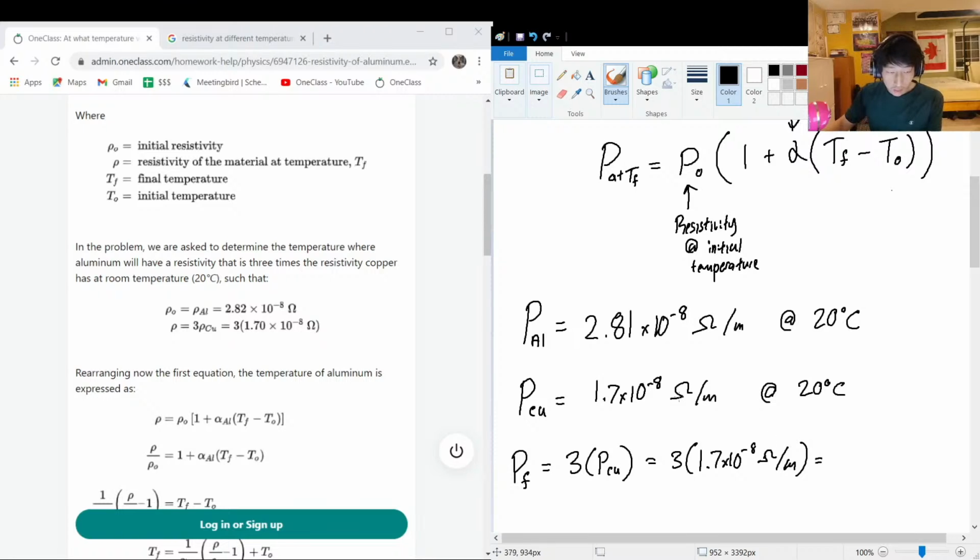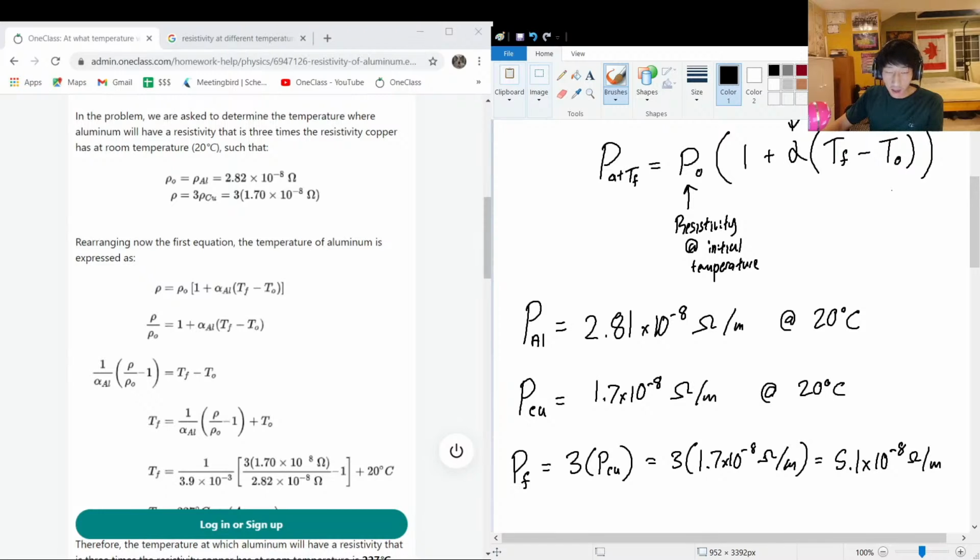And 3 times 1.7 equals 5.1 times 10 to the negative 8 ohms per meter. Okay, cool. So this is our final resistivity value.